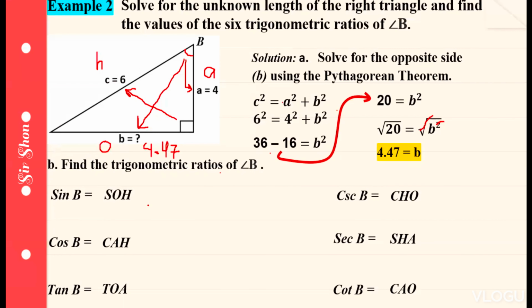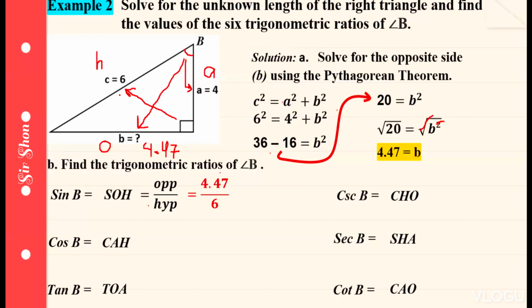The formula again is soh, or sine equals opposite divided by hypotenuse. So our opposite side based on our figure is 4.47 divided by the hypotenuse, which is 6. Therefore, the value of sine B is 4.47 over 6. We cannot simplify 4.47 over 6, so that is the final answer.